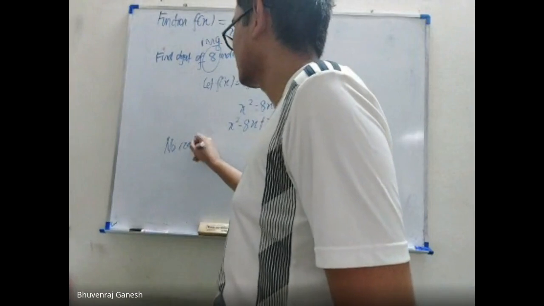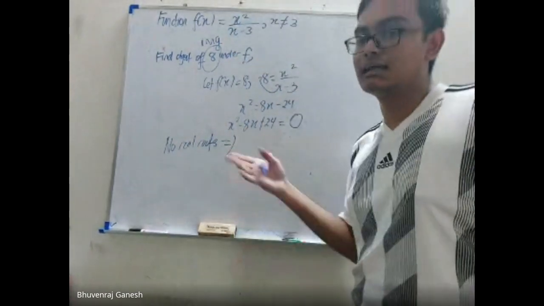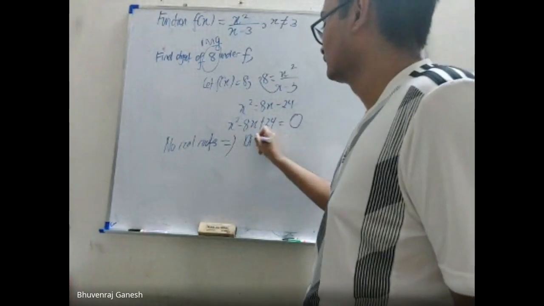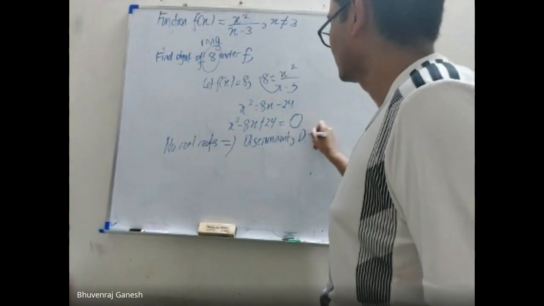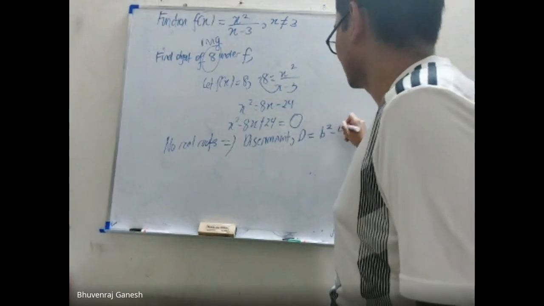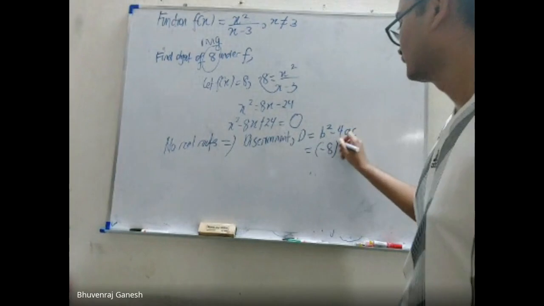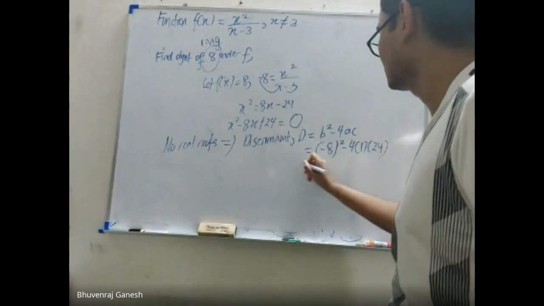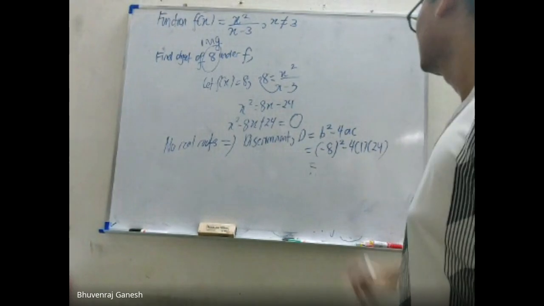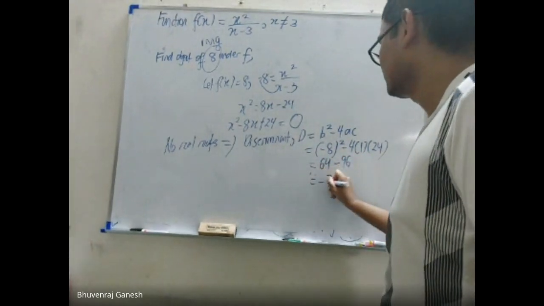No real roots. And how I prove this is a concept we learn in the next chapter, but I'll show it now. It is the discriminant. So I'm going to use this formula b squared minus 4ac to show you that this equation has no real roots. When you find your discriminant value, you will get 64 minus 96, which is negative 32.